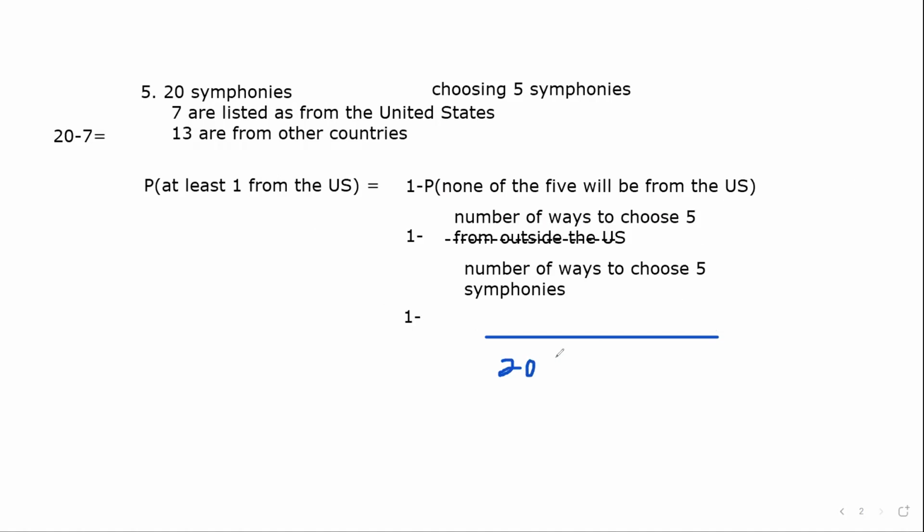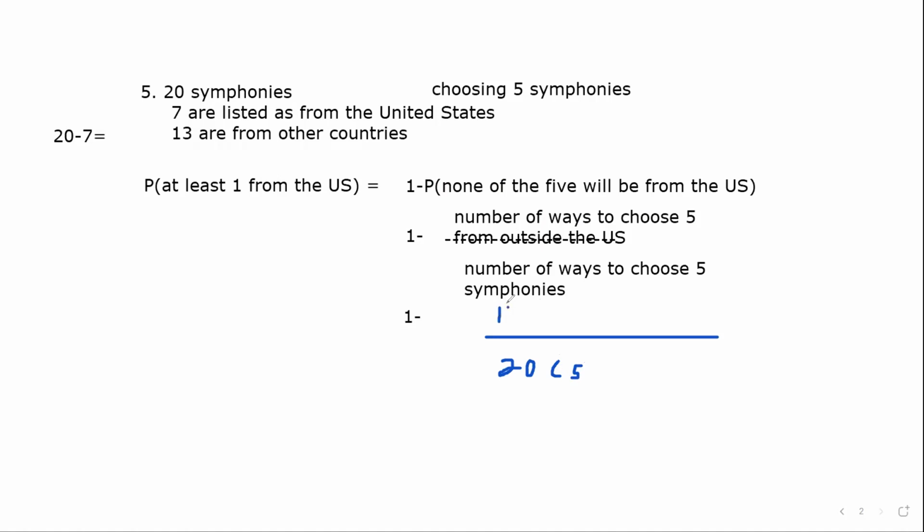Okay. Now the top of this, we're going to be restricted. And that's why I made this note up at the top. From the top, we're choosing 5 symphonies, but we're choosing them from outside the US. So how many symphonies are from other countries other than the US? 13.